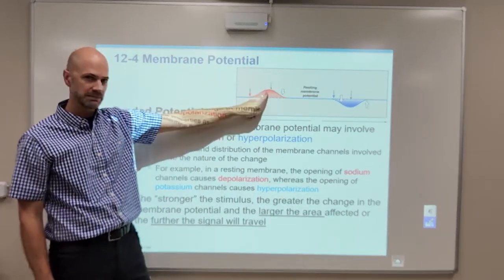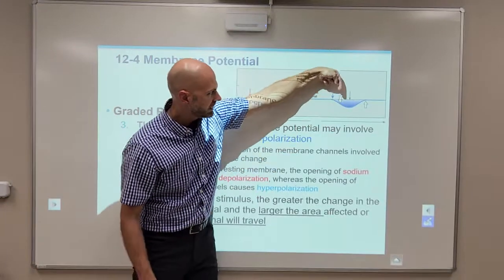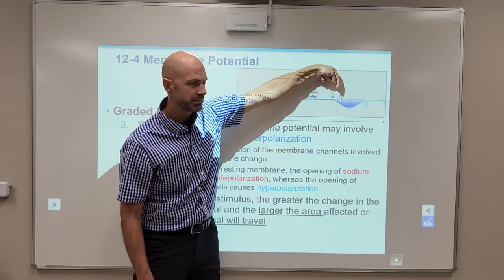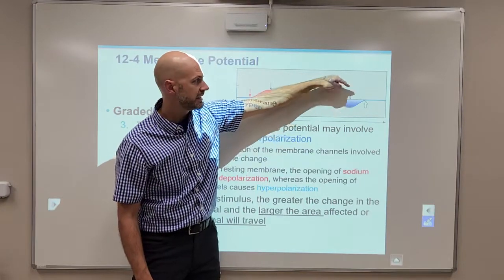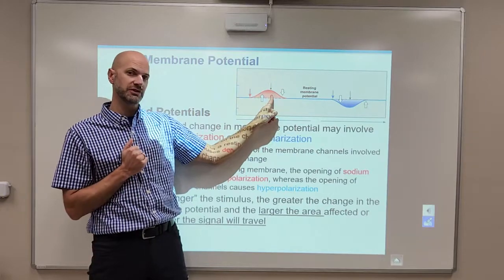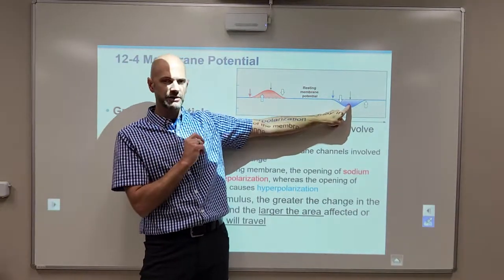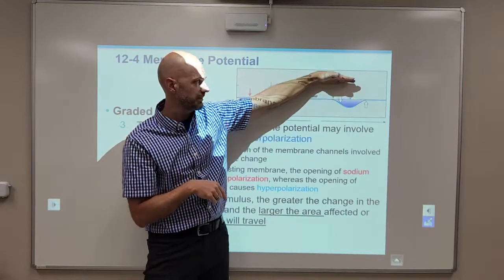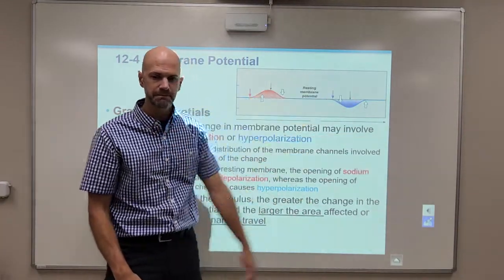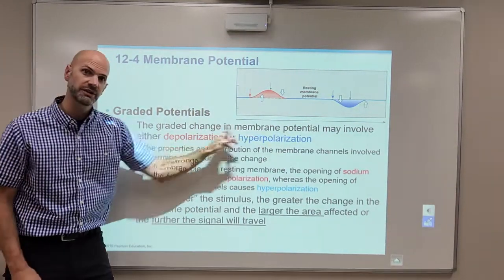So that would be a depolarizing event. Hyperpolarizing means we're getting more negative. So this would be excitatory, meaning we're moving closer to the threshold potential. Here, this would be inhibitory. We're moving further away from the threshold, which would be up here. So it can be positive or negative, excitatory or inhibitory.